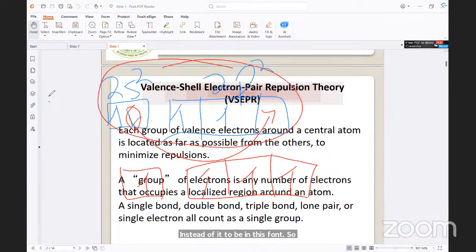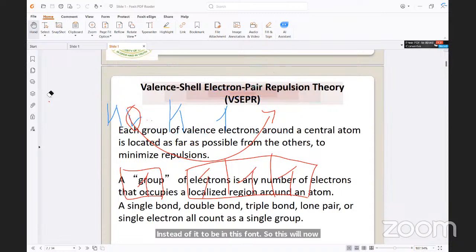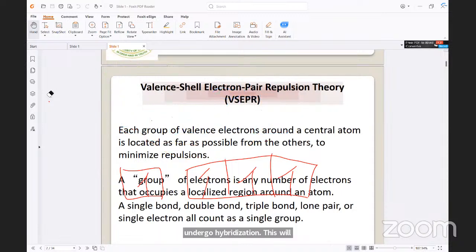So this will now undergo hybridization. This expression here will now undergo hybridization.